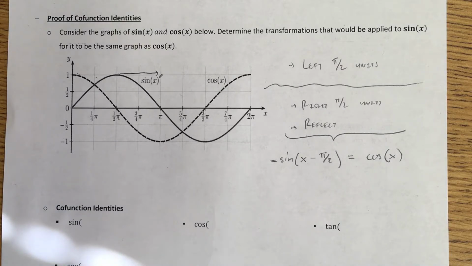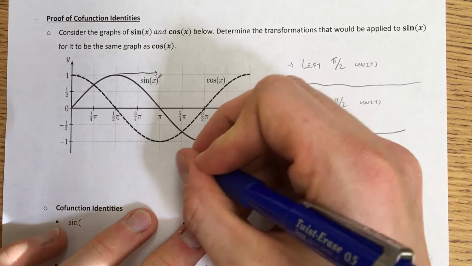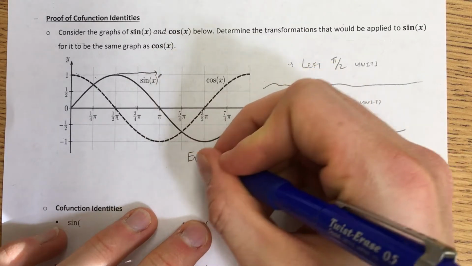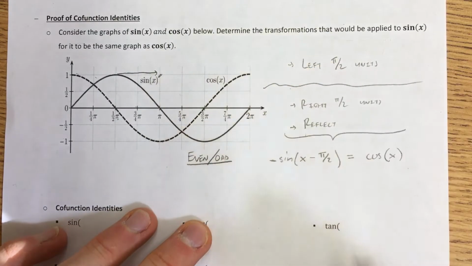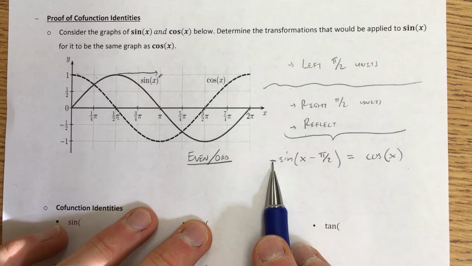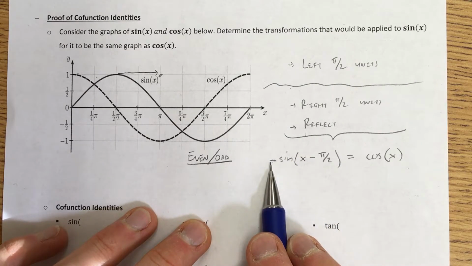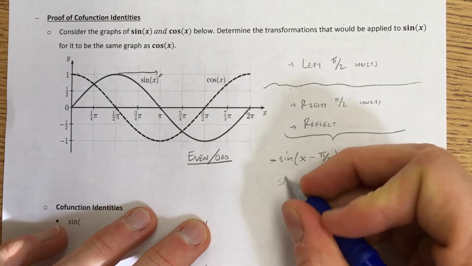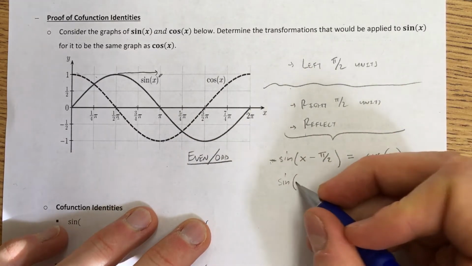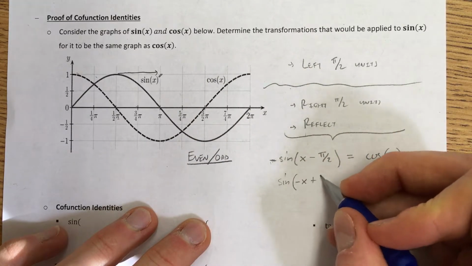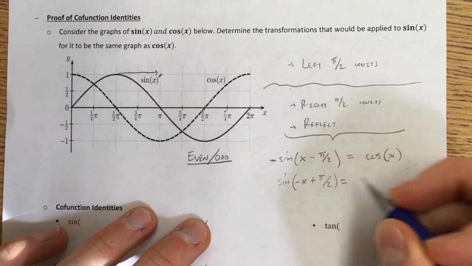Now, I'm going to use the even-odd identity here. I'm going to write it over here. Because the even-odd identity says if I have a negative here, I can move it inside the function if it's a sine function. And so I'm going to move that inside. That would make the x negative, and that would make this positive.